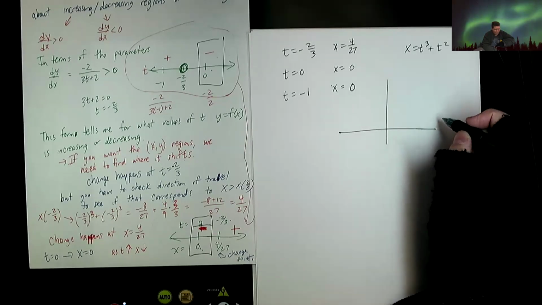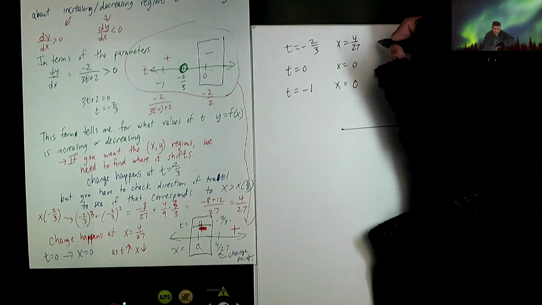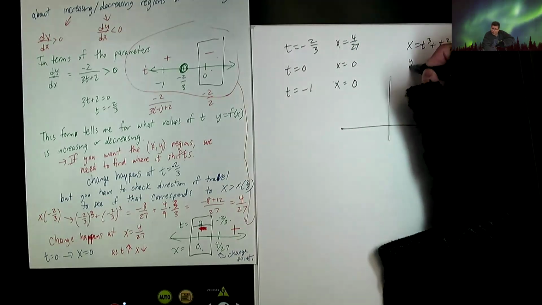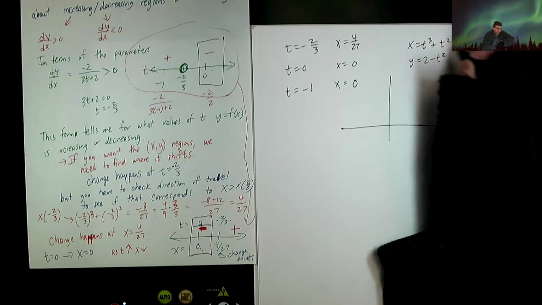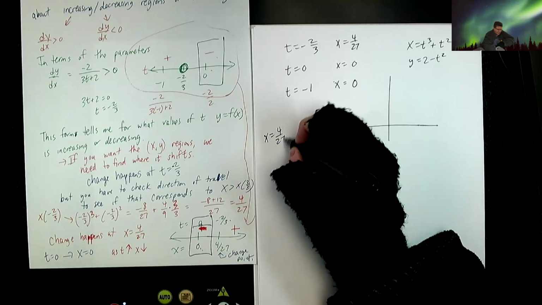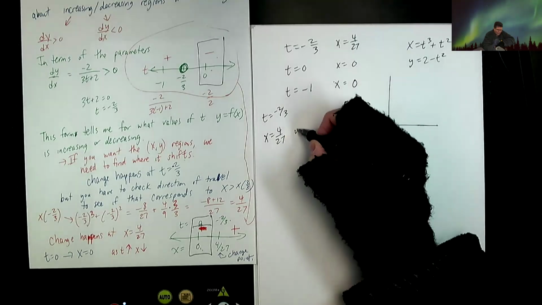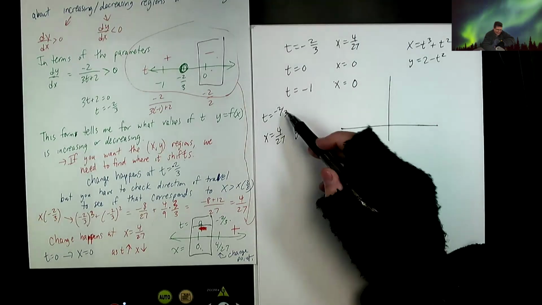Maybe we should find the y values. What was y? Y was 2 minus t squared. So when x equals 4/27, this was t equals negative 2/3. Y has got to equal 2 minus that squared.